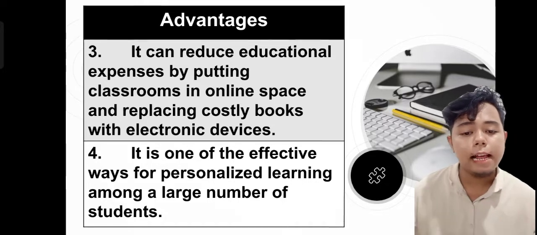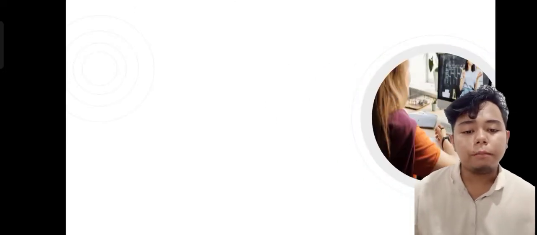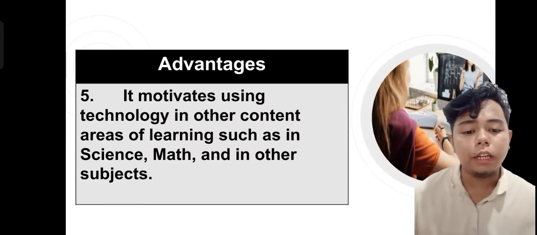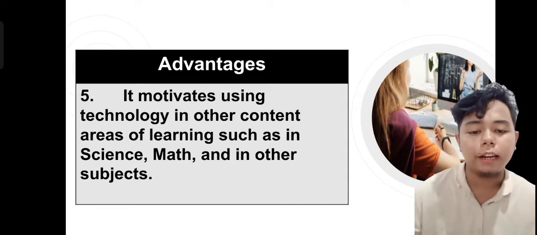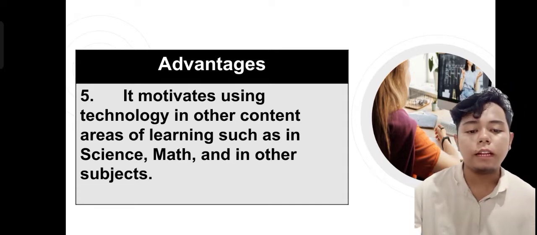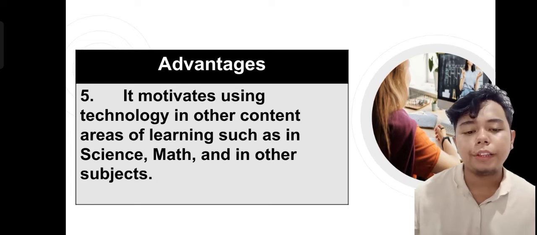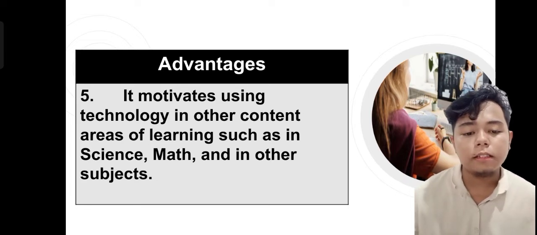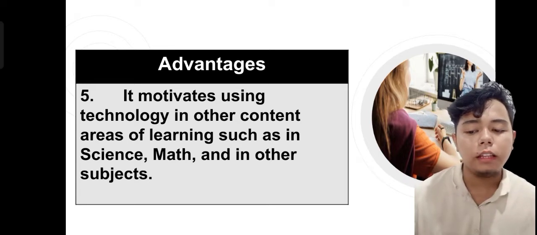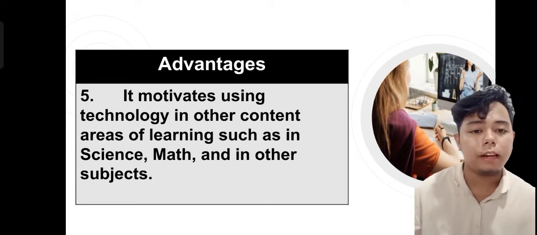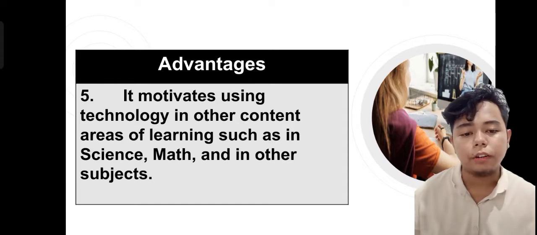And lastly, it motivates using technology in other content areas of learning such as science, math, and other subjects. Since it is online, there are many internet sources for science and math. Science and math have different kinds of formulas that are not easily explained by a teacher, lecturer, or classmate.